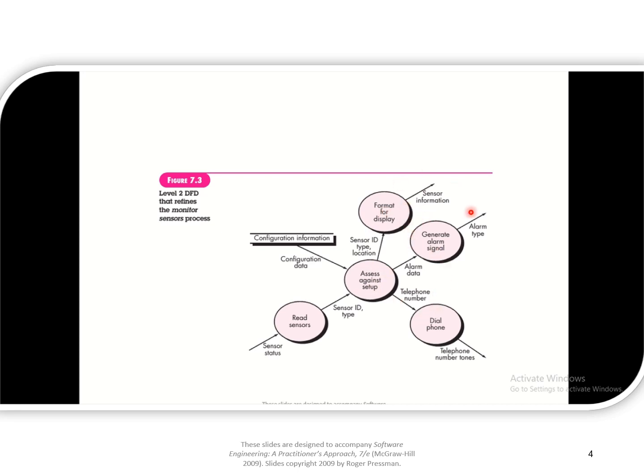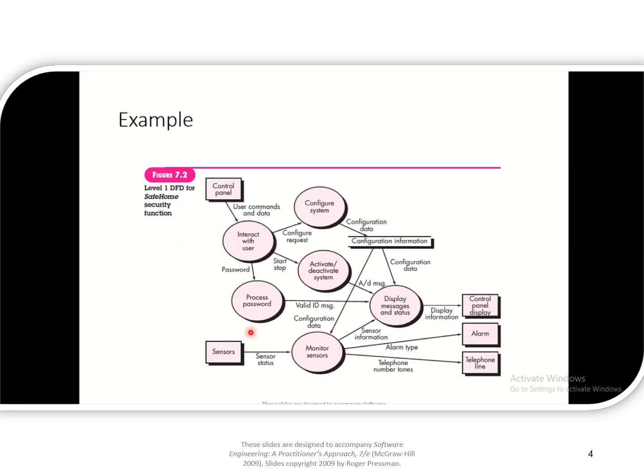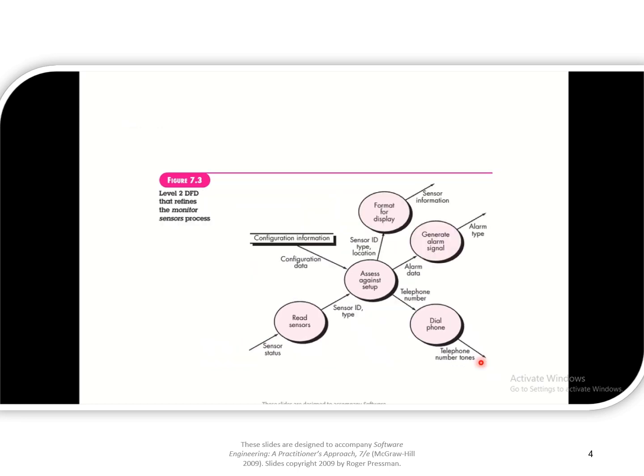These are all the sub-processes of monitor sensor. We have seen that we divide the bubbles until a single bubble is capable of doing a single job. And the other important thing is that we have preserved the input and output values the same in the subsequent levels.